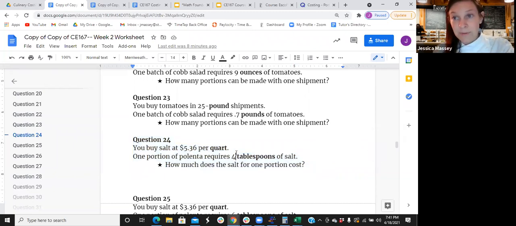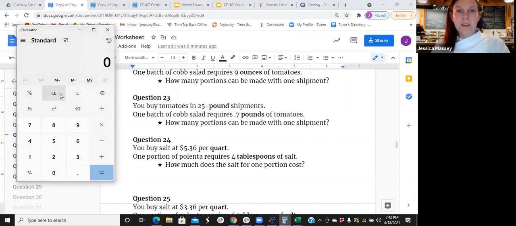One of your common conversions you should know or have written down is that we have 16 tablespoons in 1 cup. And how many cups are in 1 quart? 4. Right. So multiply your 16 tablespoons in 1 cup by your 4 cups in 1 quart, and we get 64. So there's 64 tablespoons per quart.